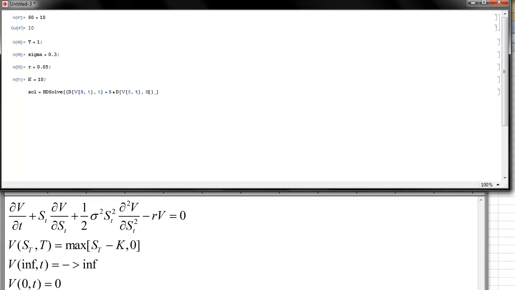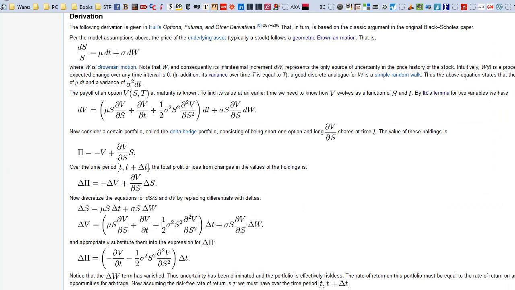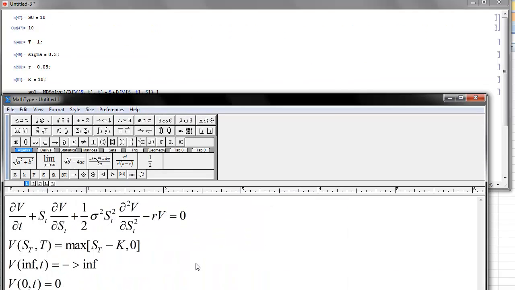I think I've made a mistake over here. I'm not sure whether here should have been r or not. Let me just look at over here. Yeah, I'm missing this r over there, so let me just fix this issue like this.